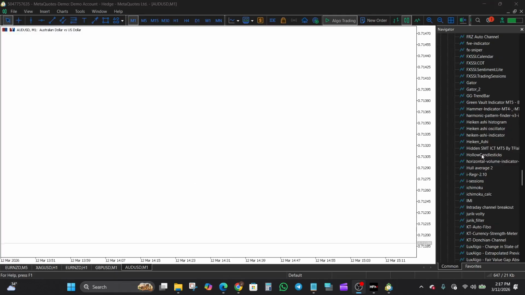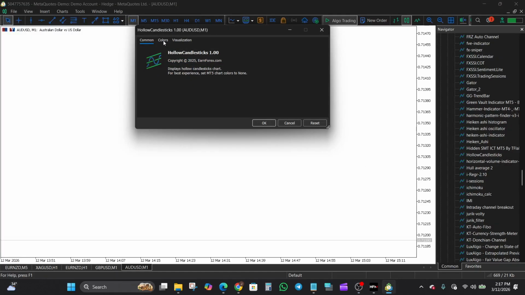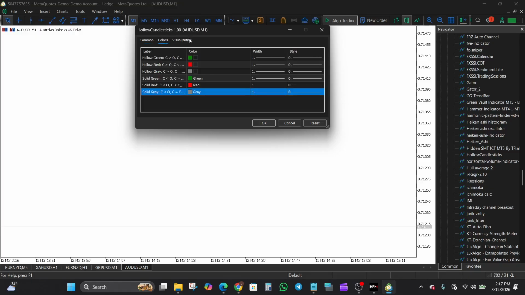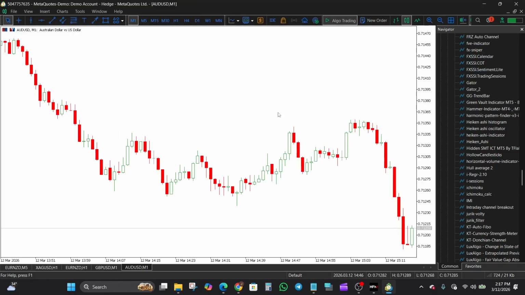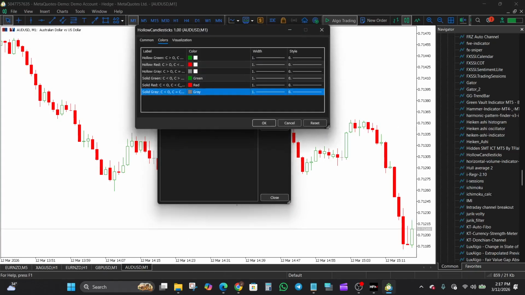Okay, so I just downloaded the holo candlesticks indicator so that I can explain better. As you can even see from the properties, holo green is when the close price is greater than the open price, right?